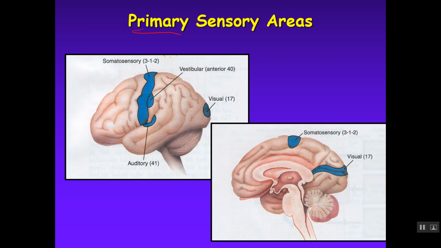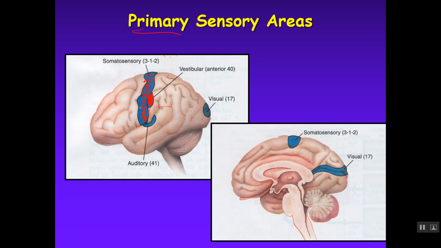Okay, and so here's the 3, 1, and 2 areas. That's primary. We also have a specific region where we get conscious awareness, in that transition zone between the parietal and frontal lobes.